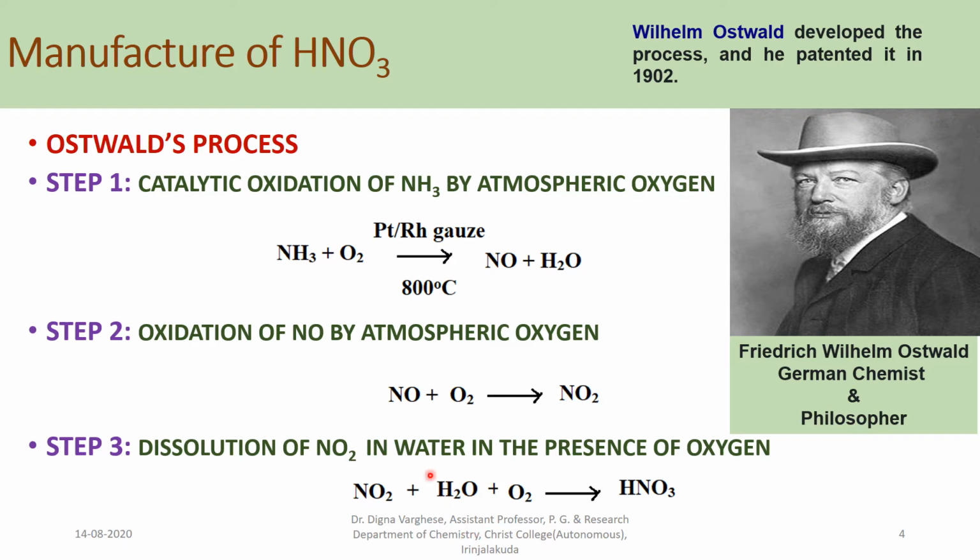Nitrogen dioxide gets dissolved in water in the presence of oxygen or air to yield nitric acid. The solution of nitric acid thus obtained is dilute. This is then concentrated by suitable methods.